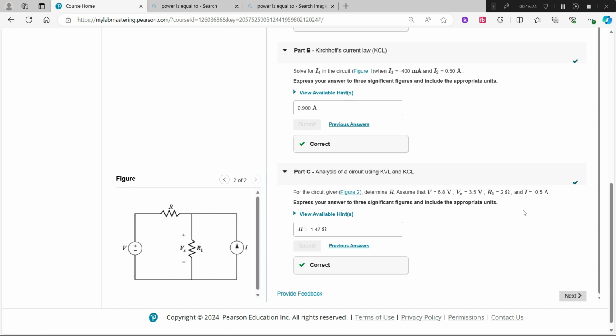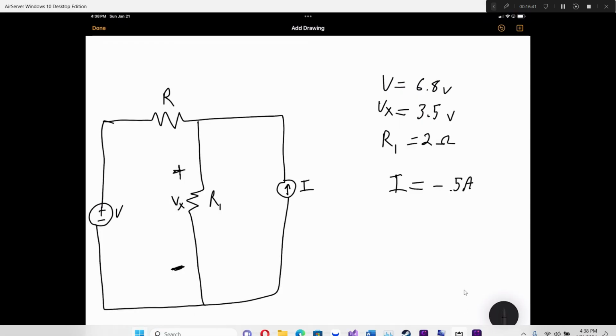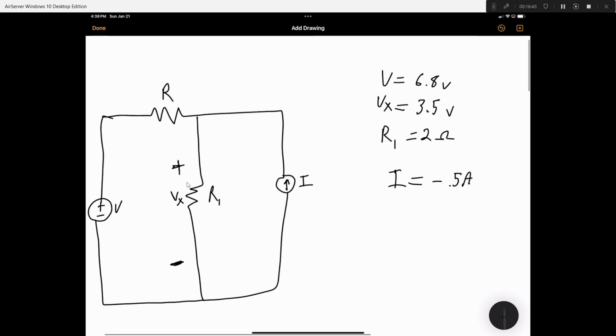Given R1, which is 2 ohms, I is equal to negative 0.5 amps. Okay. Determine R. Alright, so we need to find this R here, and we're given these set of values.